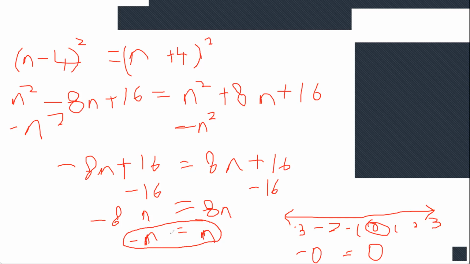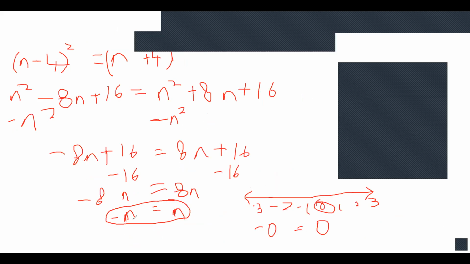Let's add n to both sides. 0 is equal to 2n. We divide both sides by 2. 0 divided by 2 equals n. Therefore, n is equal to 0.